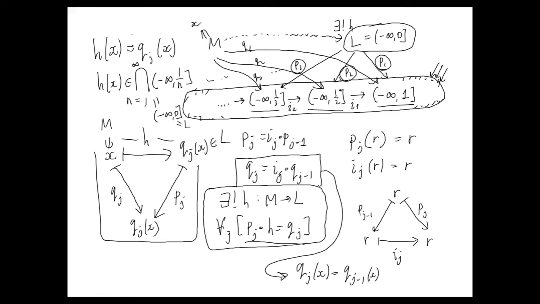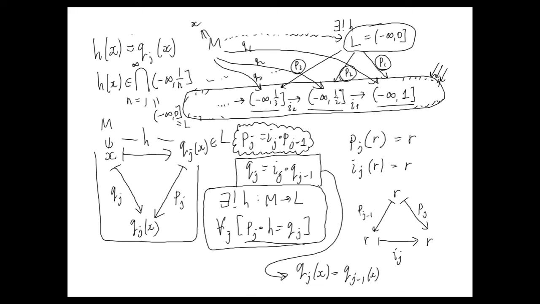Now, this interaction is such that if I transport information from L to this node, let's say, and then I transport further there, I should get the same result as if I had transported directly from L to there. So in other words, we've got these equalities holding. Such a thing is called a cone over our diagram.